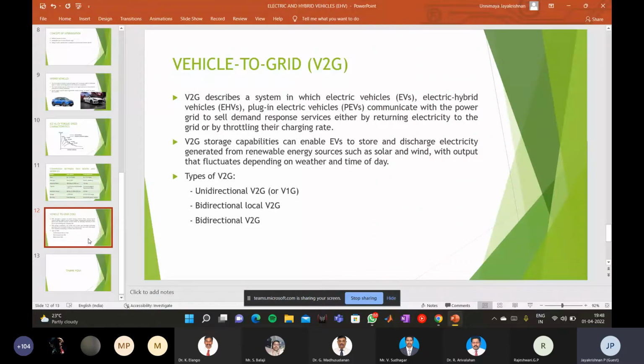I think I covered all the aspects of EVs, and as a user, I have also shared my experience. I am urging everyone to move to these electric vehicles. It is a good thing we will be doing for our next generation.